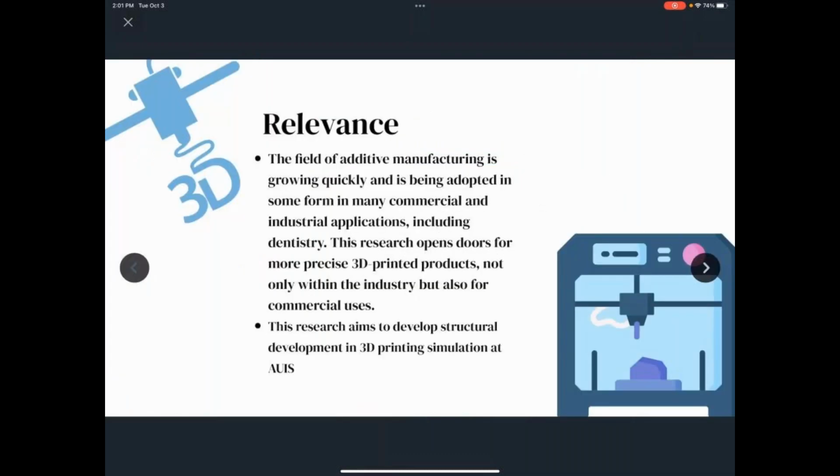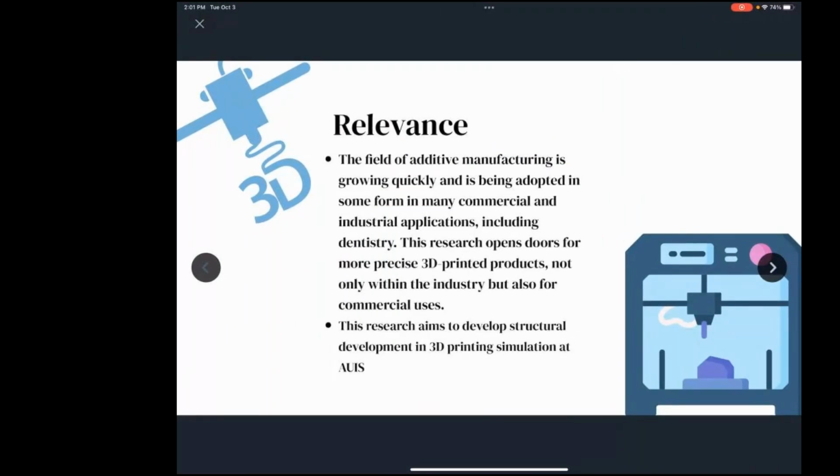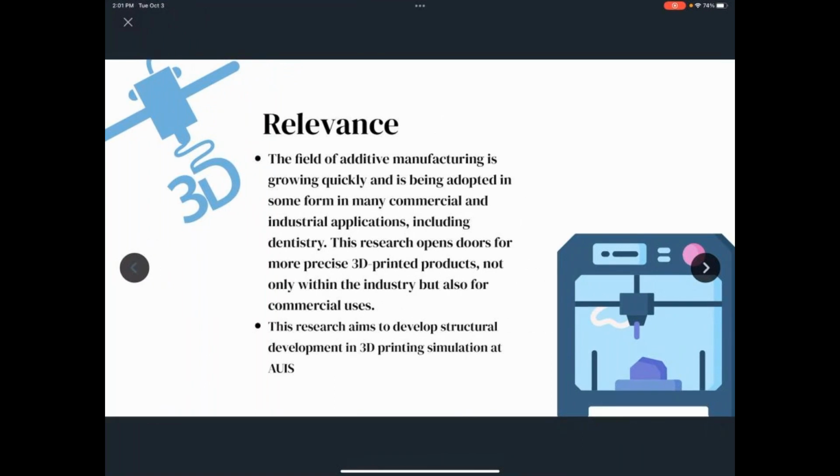The relevance of this research is that, as I just mentioned before, the field of additive manufacturing is growing very quickly and being adopted in many commercial and industrial applications, including dentistry.